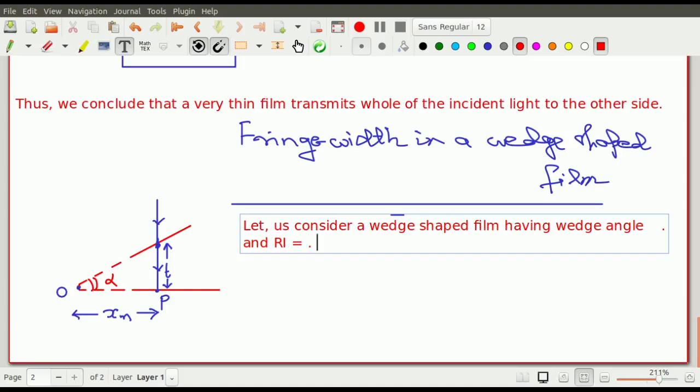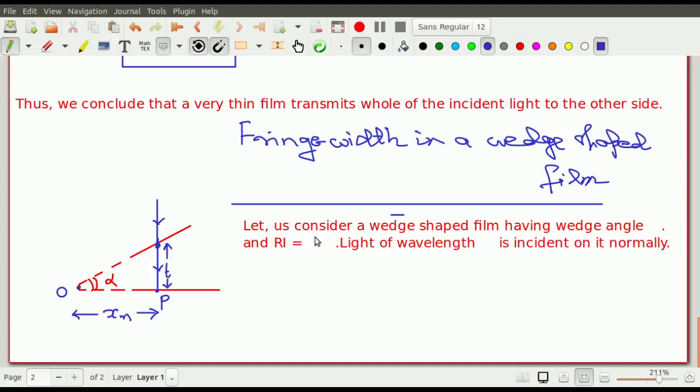Light of wavelength lambda is incident on it normally. ঠিক আছে? তাহলে এখানেতে আমি এখানে দিলাম মিউ, this one is alpha, light of wavelength lambda is incident normally on it.